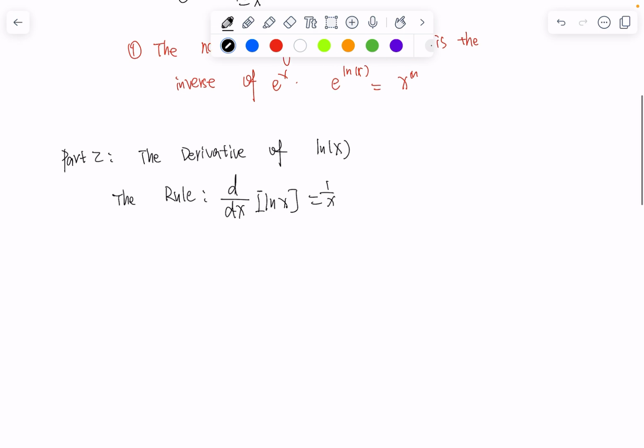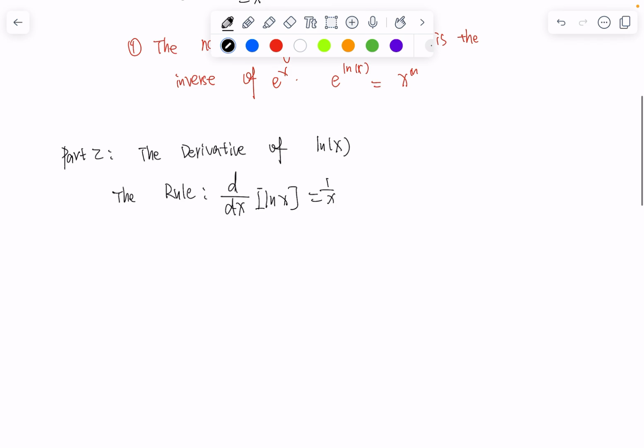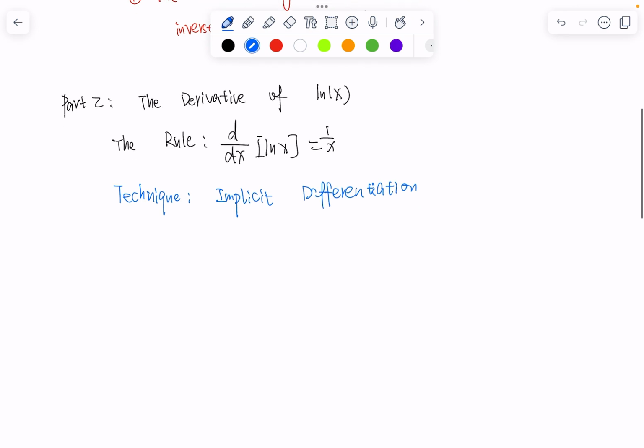Let's prove why this is true. We will use a technique called implicit differentiation, and that inverse relationship we just talked about.